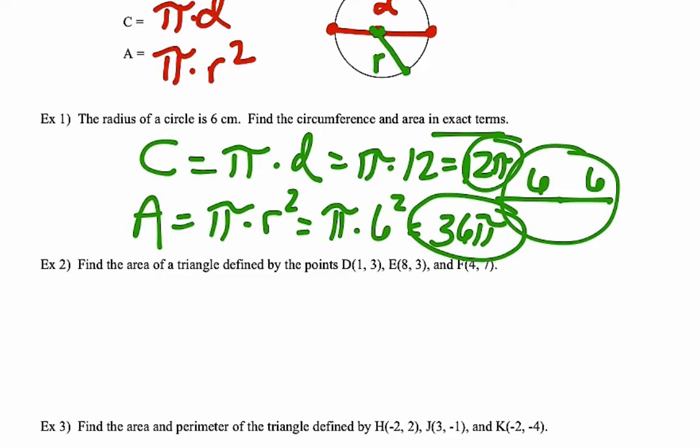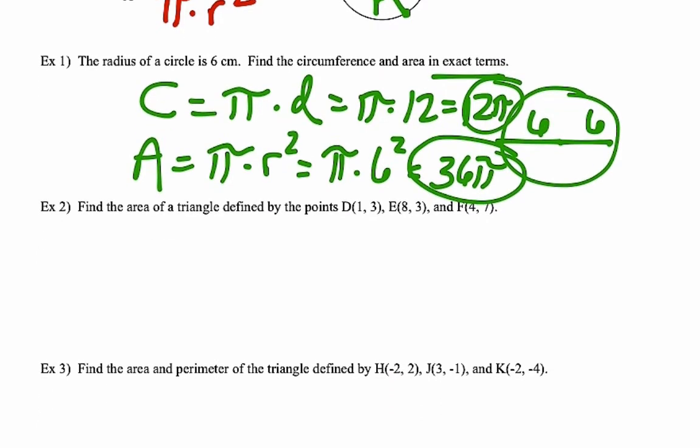Number 2 says find the area of a triangle defined by the points D(1,3), E(8,3), and F(4,7). The first thing I would do here is make a rough sketch. So if this is my point (0,0) over here, 1, 2, 3, then I have 8, 3, so 1, 2, 3, 4, 5, 6, 7, 8, 1, 2, 3, and then (4,7), so 1, 2, 3, 4, 1, 2, 3, 4, 5, 6, 7.